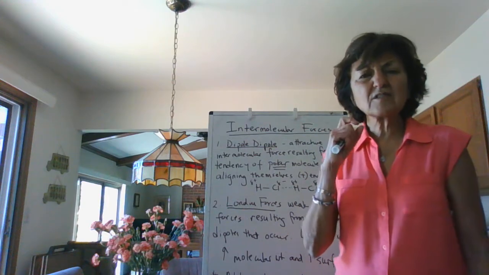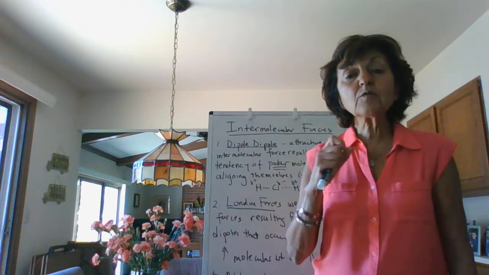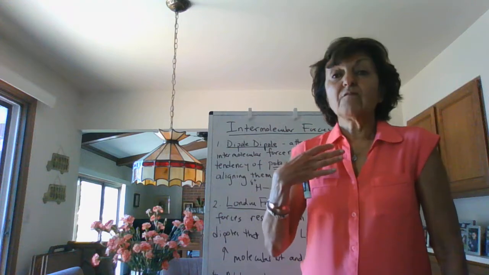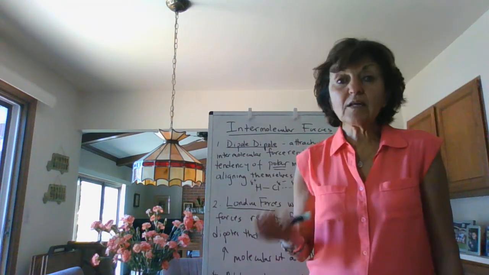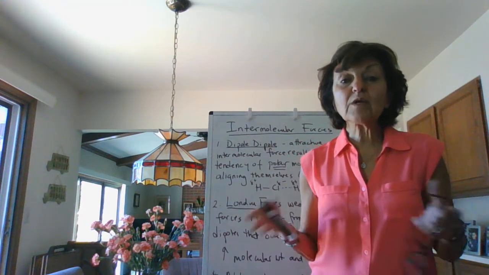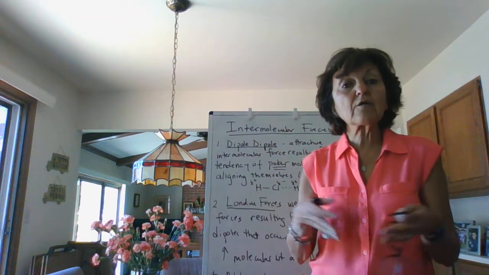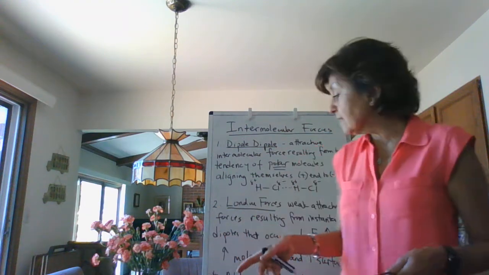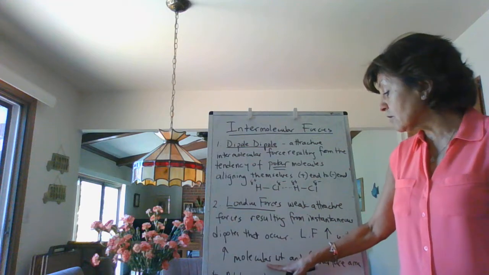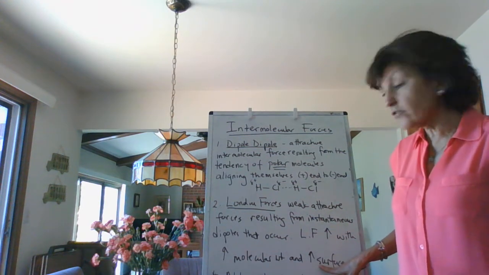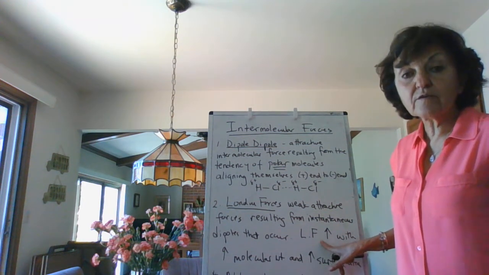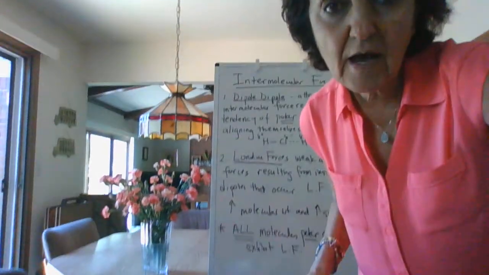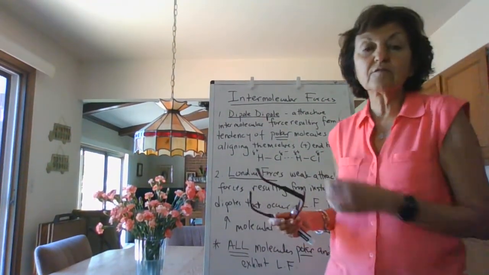So the London forces are super duper weak, but they become important, or really effective, if you've got a really big molecule, big surface area, big molecular weight. The bigger the molecular weight and the more the surface area, the more the London forces. So size really matters with London forces.